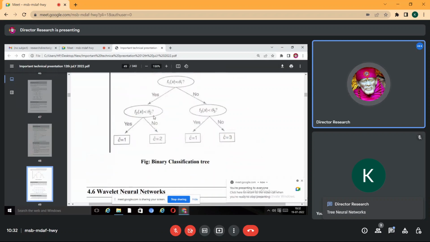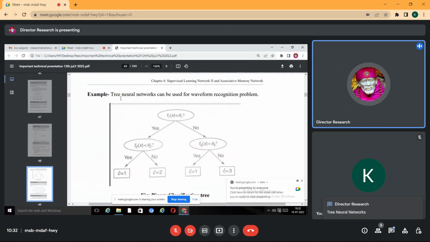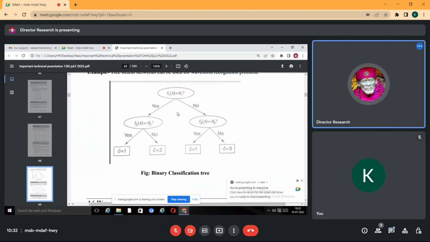Just examine the diagram. Tree neural networks can be used for the waveform recognition problem. Each and every algorithm is meant for solving some type of problem.